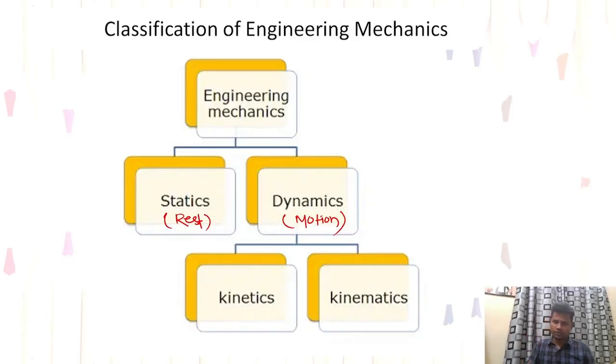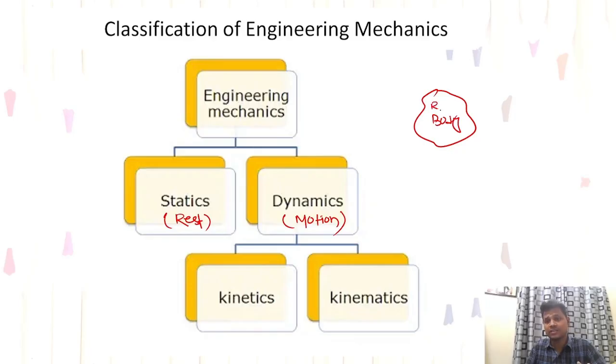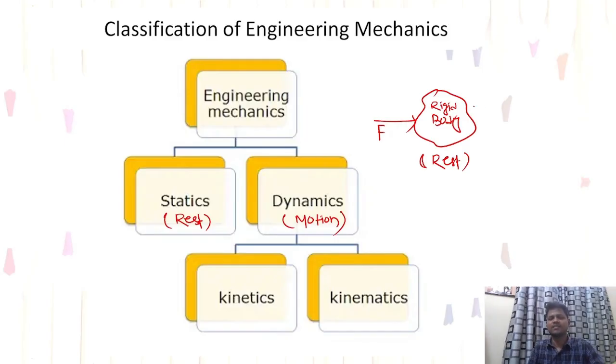Let's say this is the body. What kind of body is this? This is the rigid body. Then I have to apply some external forces. The body is in rest position. If I apply some external forces, then this type of system is called static mechanics.